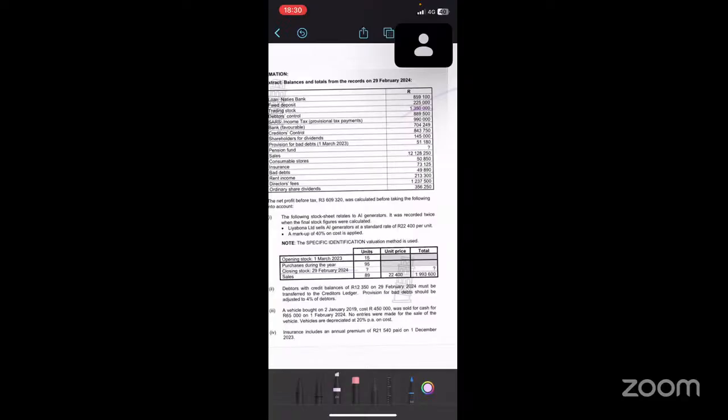I think that we're gonna take opening stock of 15 and then add the purchases of 95 and then minus sales of 89, and then whatever we get will be the closing stock, and then we times it by 22,400 because that's the unit price, and then we're gonna get the value of the closing stock.